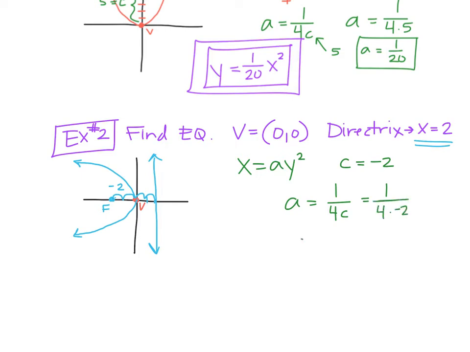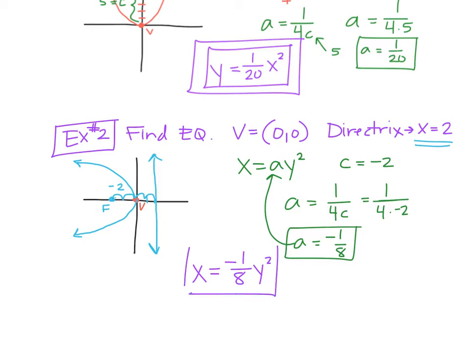So a is -1/8. Okay, so we're going to drop it in right here for our equation. So our final equation will be x equals -1/8 y squared. And that, my friends, is your answer.